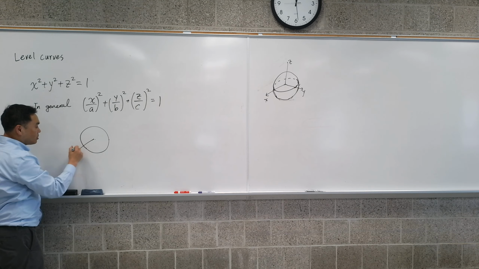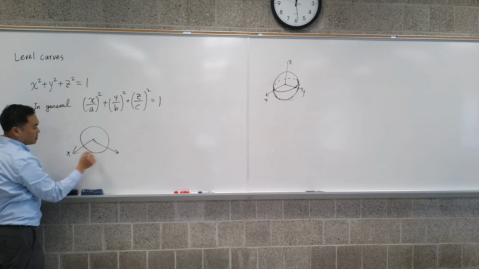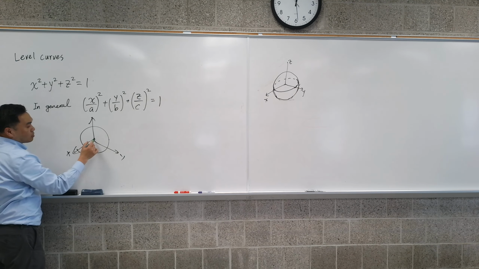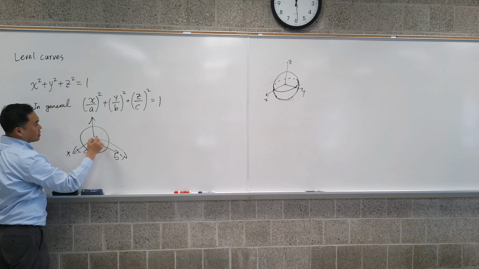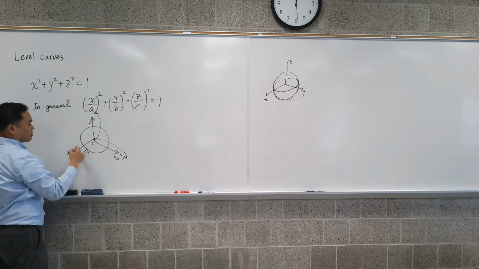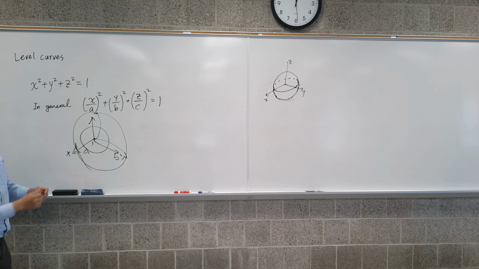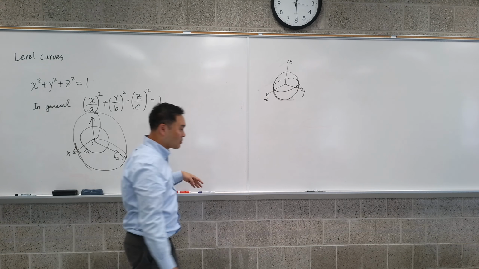So here's x, here's y, here's z. And you're stretching in the x direction by a, in the y direction by b, and in the z direction by c, and then you get this thing that's stretched by different amounts, so that the cross sections will be ellipses rather than circles.